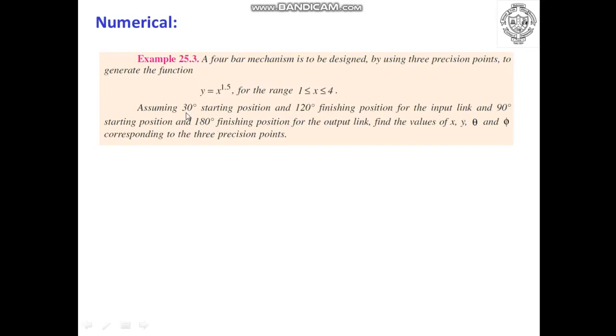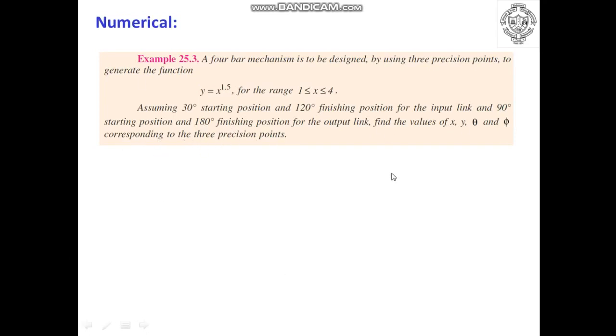So theta s is 30 degrees and theta f is 120 degrees, and 90 degrees starting position and 180 degrees finishing position for the output crank. That means phi s is 90 degrees and phi f is 180 degrees. Find the values of x, y, theta and phi corresponding to 3 precision points.